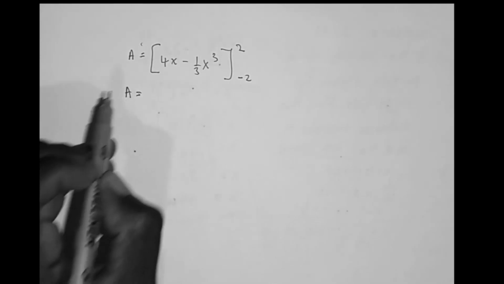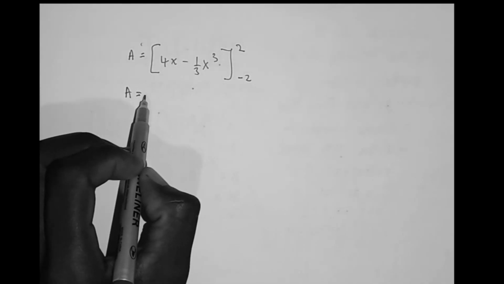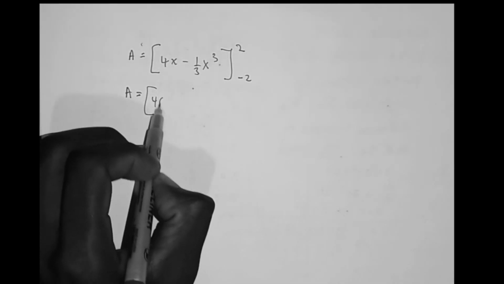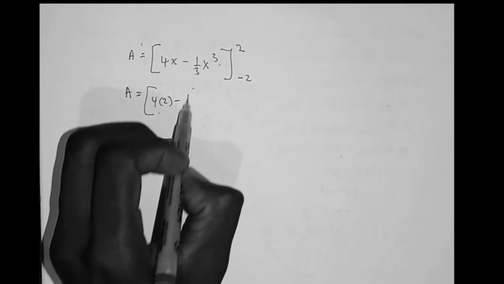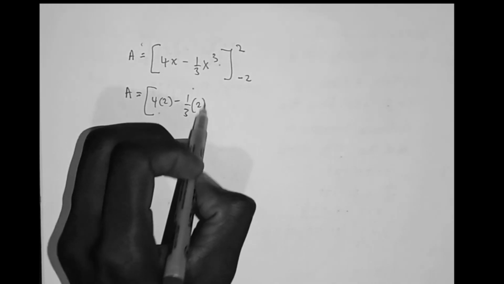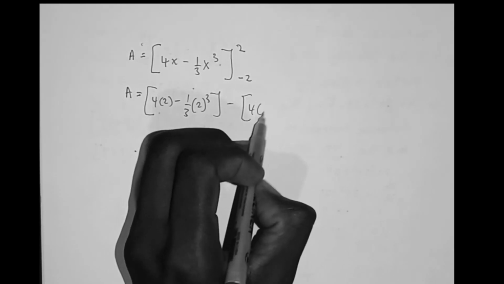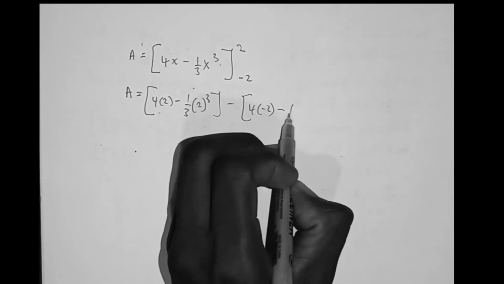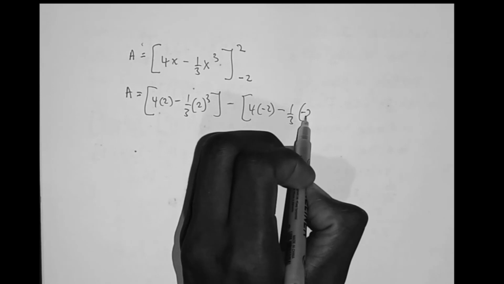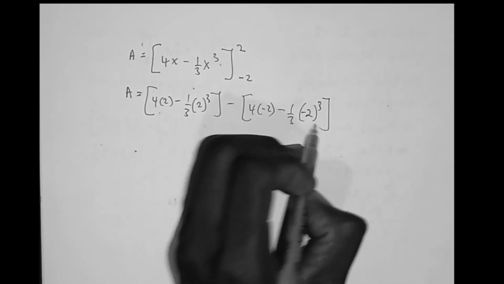So let's go ahead and substitute the limits. It becomes 4 times 2 minus 1 over 3 times 2 exponent 3, then minus the bracket 4 times minus 2, then minus 1 over 3 times minus 2 exponent 3.